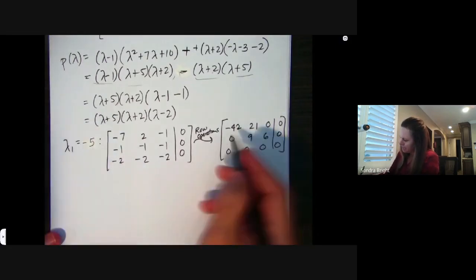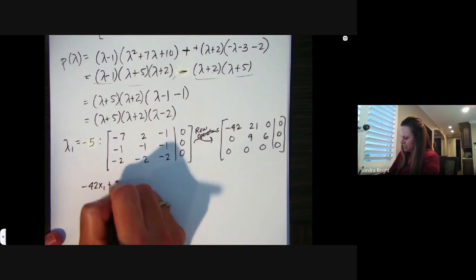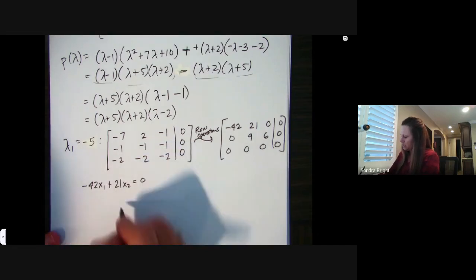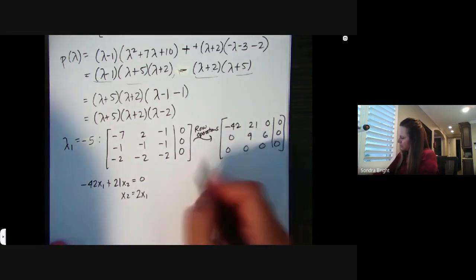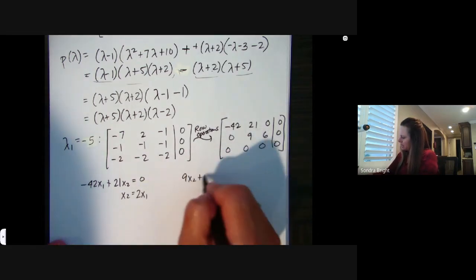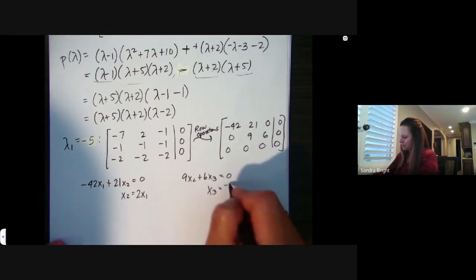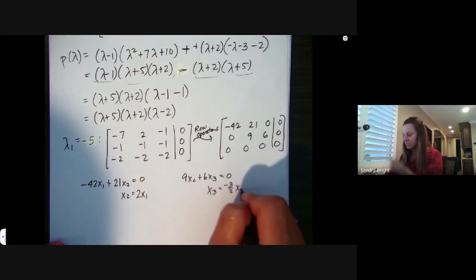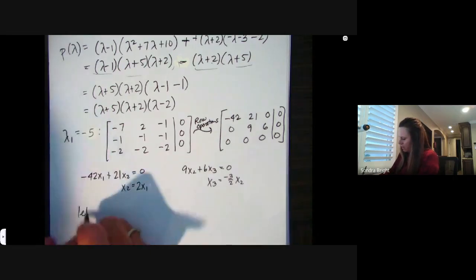This first row says negative 42x1 plus 21x2 is equal to 0, which means x2 is equal to 2x1. The second row says 9x2 plus 6x3 is equal to 0, which means x3 is equal to negative 3 halves x2. So what I'm going to do is let x1 equal a.